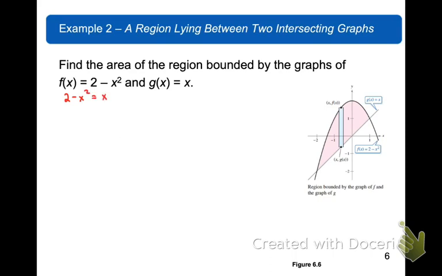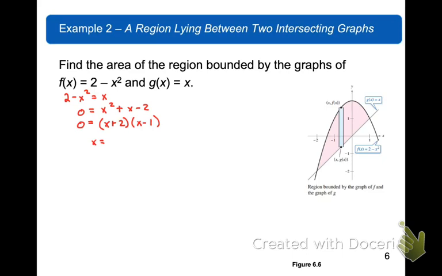I'm going to add the x squared over and subtract x, so it becomes 0 equals x squared plus x minus 2. Fortunately on this example, I can solve by factoring. So 0 equals x plus 2 times x minus 1.